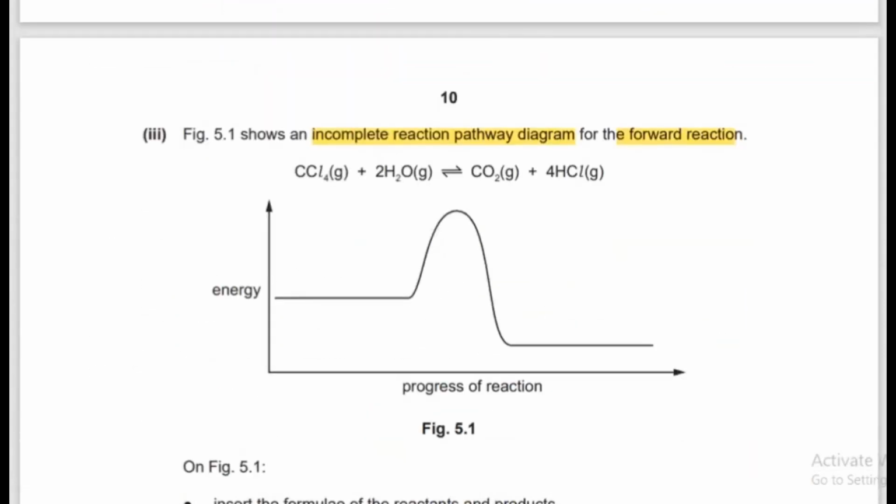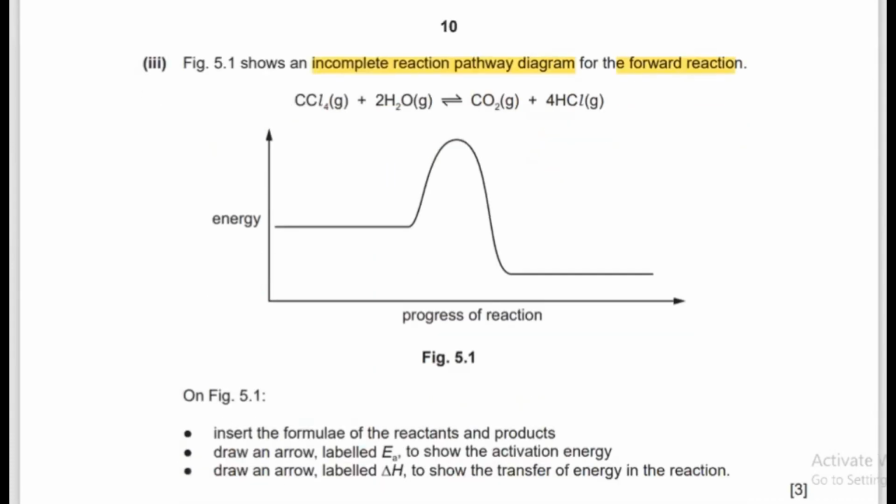Then this is the energy pathway diagram of this particular reaction. So we have to show the formula of the reactants and the products, then the enthalpy change and activation energy. Here we can show the reactants. This is the place for products.